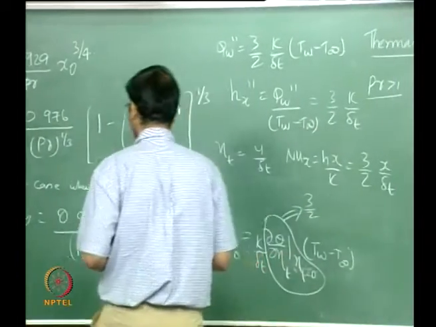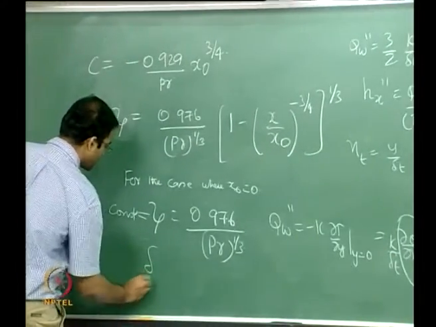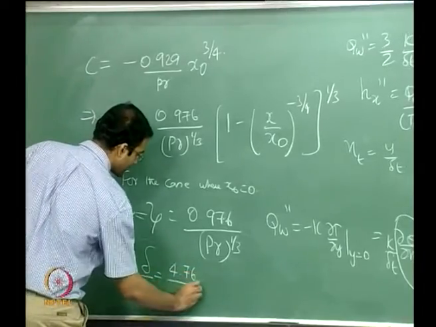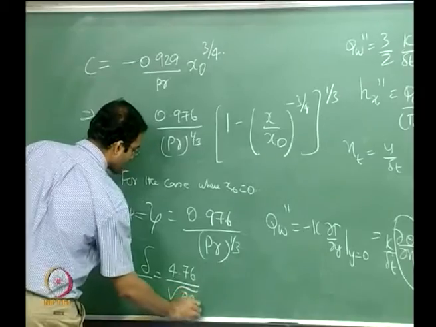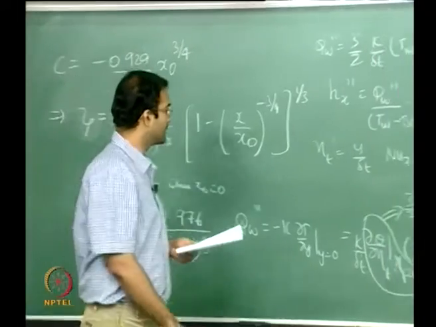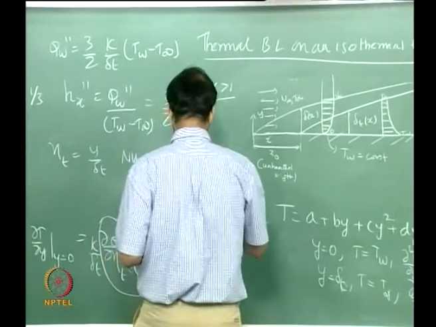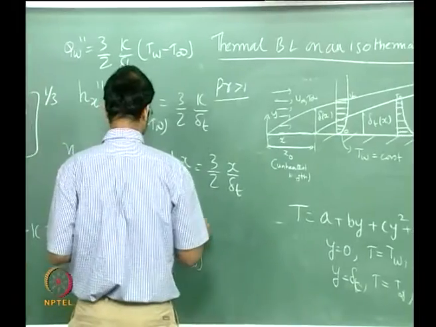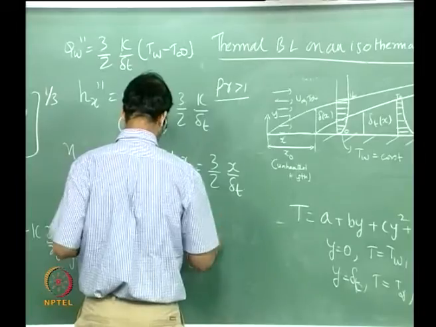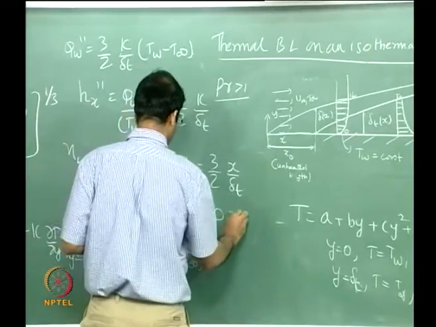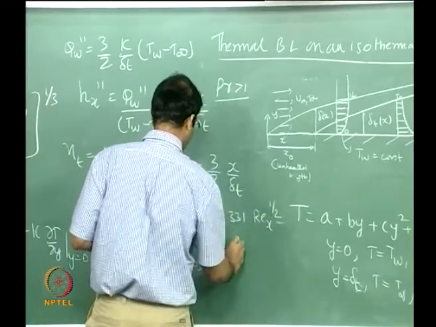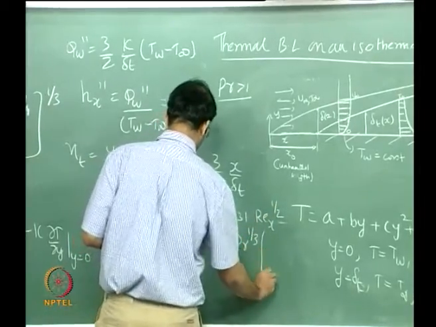So already you know that delta by x is equal to 4.76 by square root of Reynolds number, and this is nothing but delta t by delta. So finally for delta t, if you substitute, this should come out as 0.331 into Rex to the power half Prandtl number to the power 1 by 3.